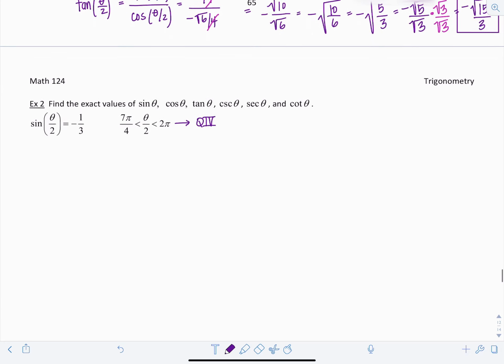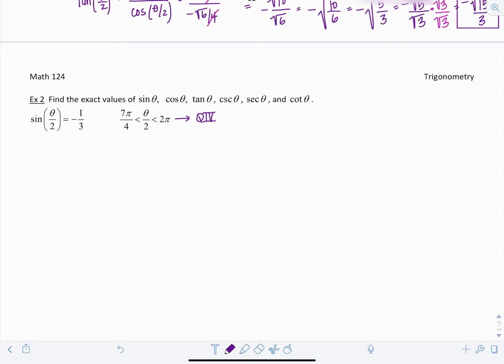Okay. Now, in this case, this is a little weird. They gave me theta over 2, not theta. So if they want, for example, sine theta, I'm actually going to use the double angle identity because sine of theta is sine of 2 times theta over 2, right? It's double what they gave me.